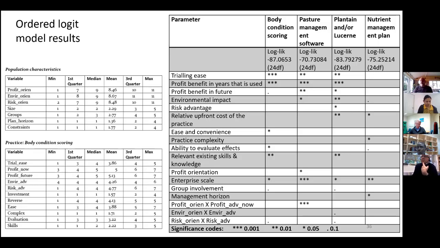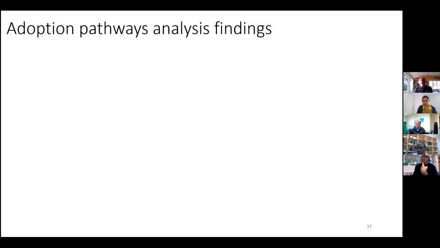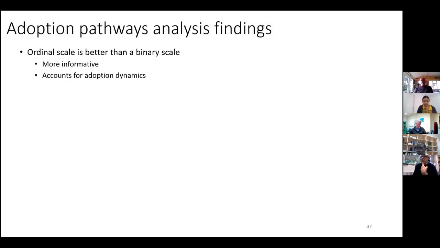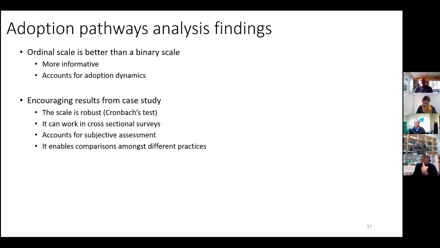I don't really have many answers at this point, but I just wanted to do this as an exercise to try to understand better. What I found is that the ordinal scale seems to be better than the binary scale because it's more informative, and it seems to be better at accounting for the process of adoption, which is encouraging.